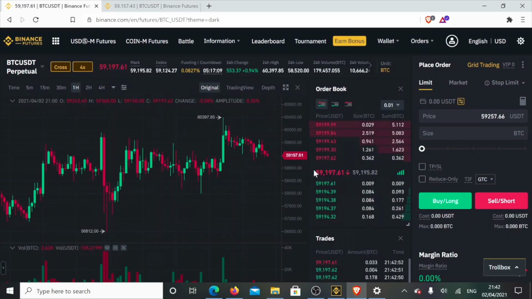Here, it's the order book. If you don't know what the order book is, it's literally what it means. When you place an order, you can see here, place order. When you place an order, which is a limit order, it goes to the order book. We have people here who want to sell and people here who want to buy. So your order will be here waiting for another person to get matched with you.